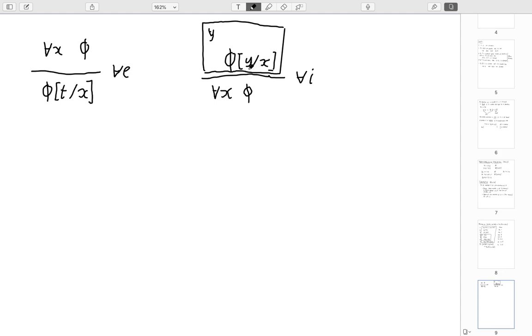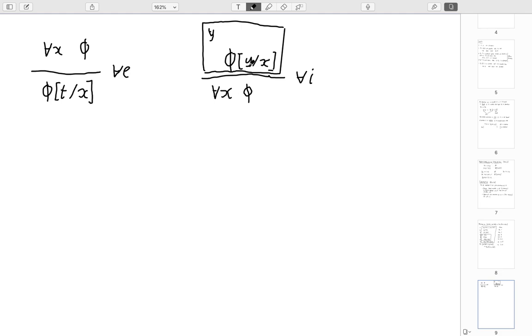And it's not appropriate to use a general term. Every variable is a term, but it's not appropriate to use anything other than a variable here for an arbitrary value, because, for example, if we used a term like y times y, then we would only be showing that phi holds for square numbers, which is not all numbers, if you see what I mean. So it's very important here that this is a variable.